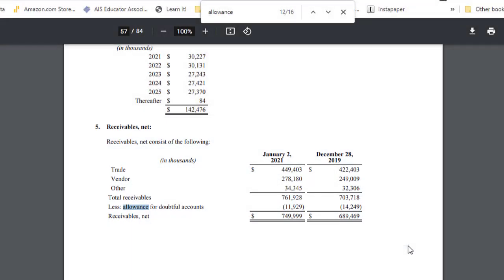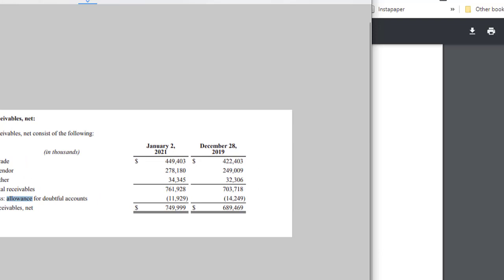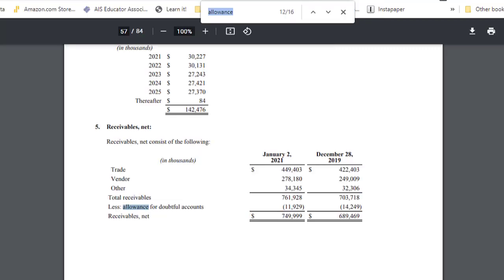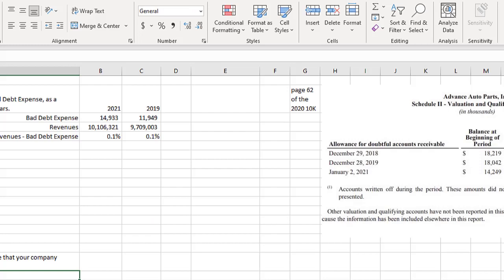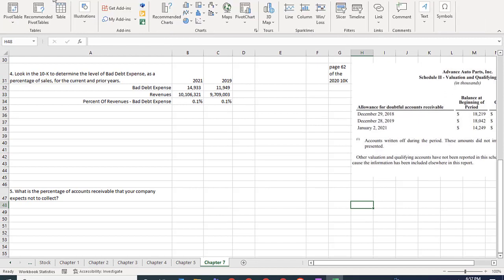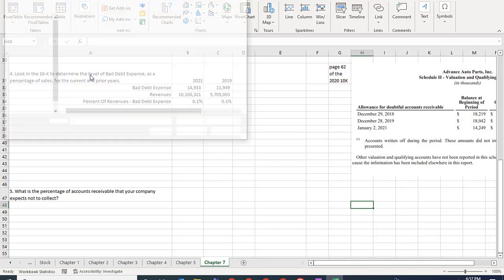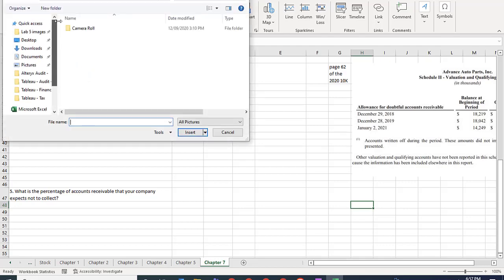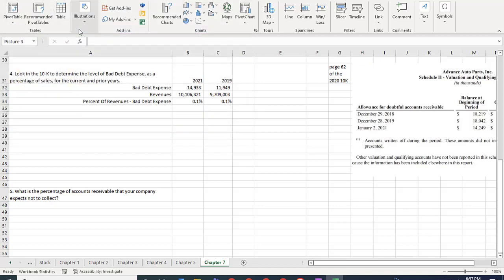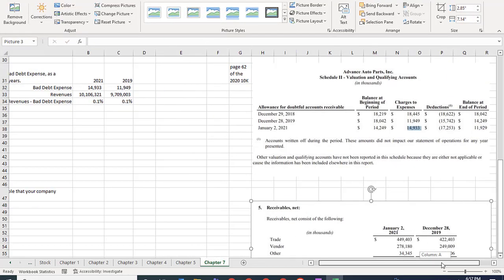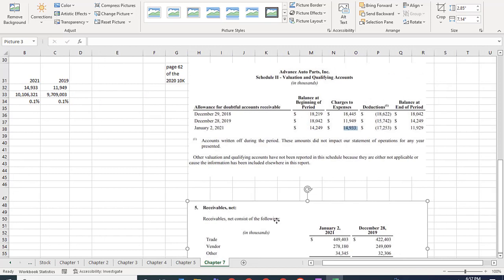I'm getting it from page 47, so I'm going to try to remember that. I'm going to save it. I'm going to go back to my spreadsheet and paste that in over here, or insert it. I'm going to move it just slightly so it's a little bit over the line so I get a little bit of separation.